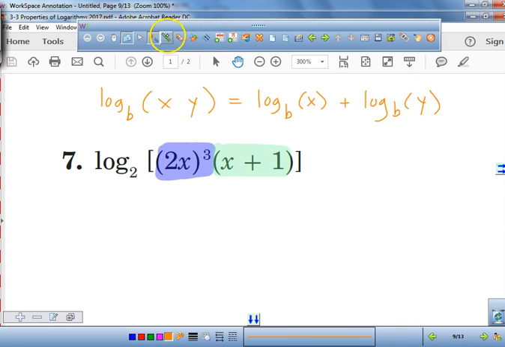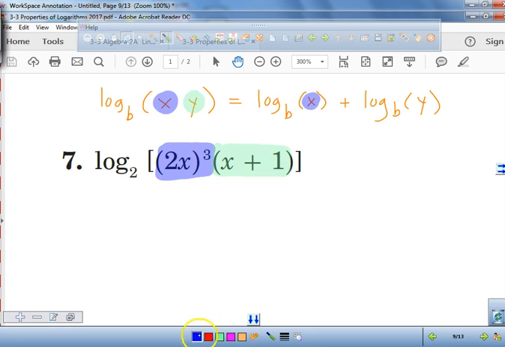Okay. So right now I need you guys to understand that the 2x cubed is your x, and the x plus 1 is the y. So I'd like you to separate those, if you would please. Separate those correctly.